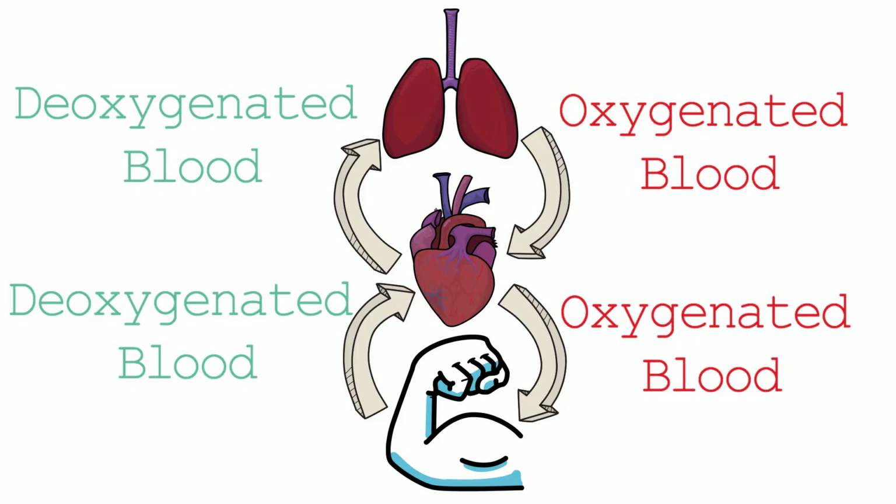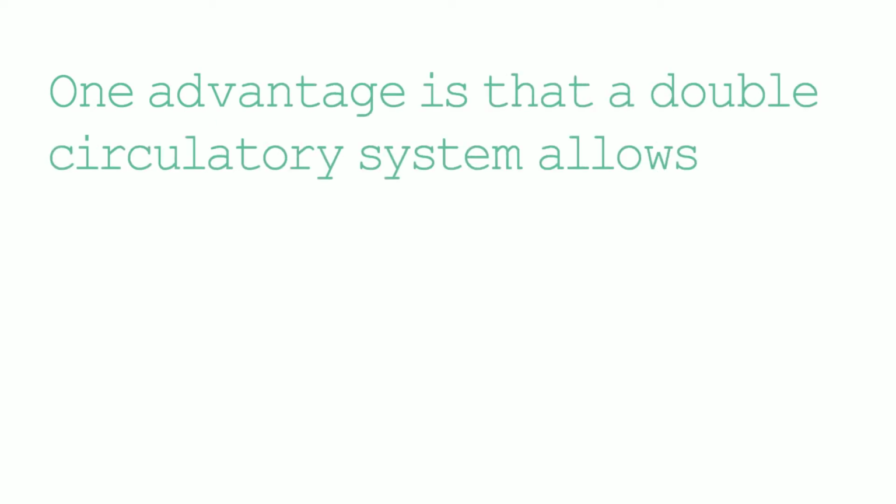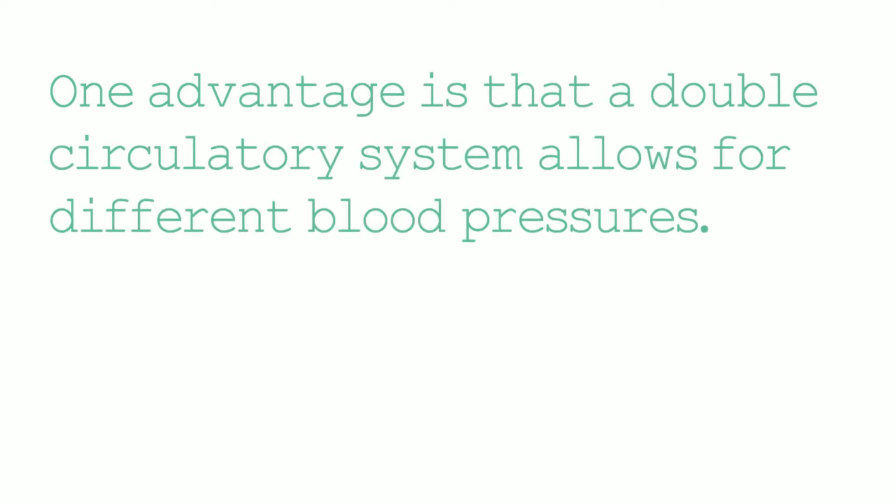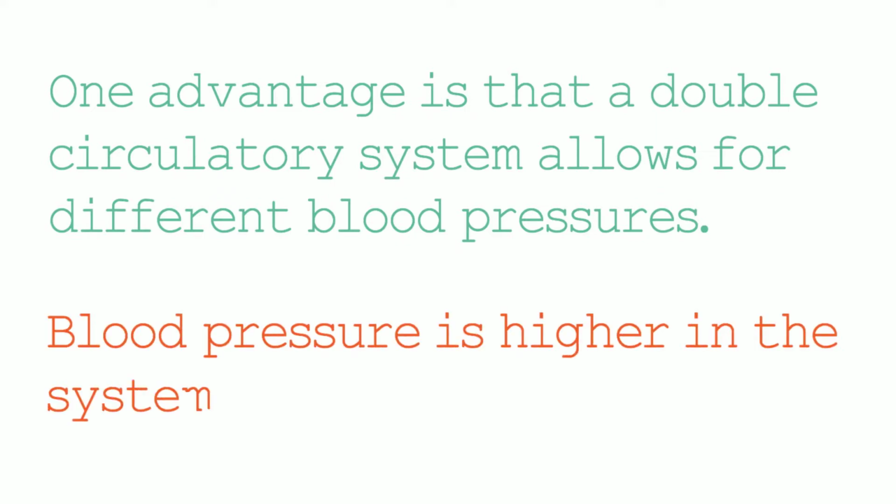Well, there are a few different advantages to having a double circulatory system. One advantage is that a double circulatory system allows for different blood pressures in the two separate circulatory systems. The blood pressure in the systemic system is greater than the pulmonary system. The higher blood pressure in the systemic system means that there is a greater rate of flow of blood to tissue.